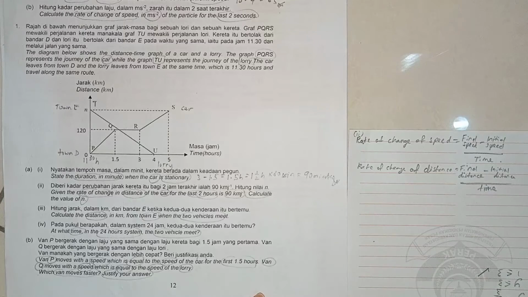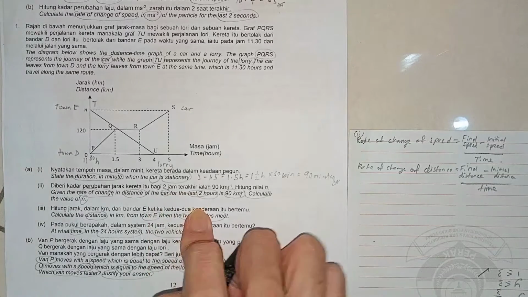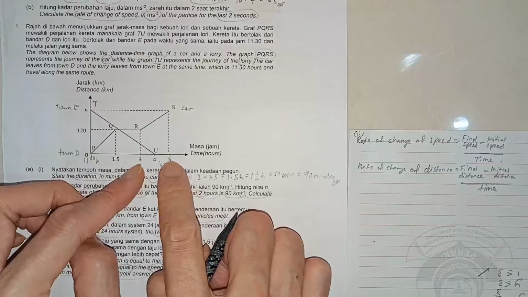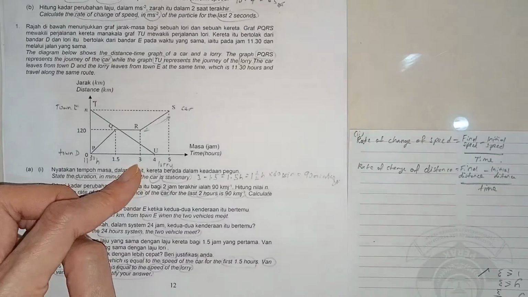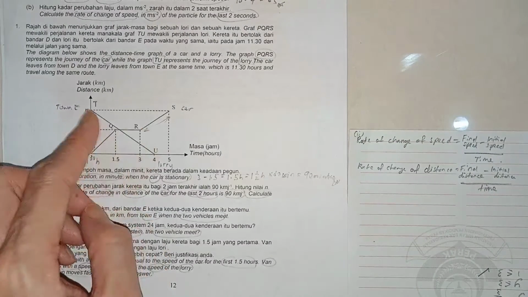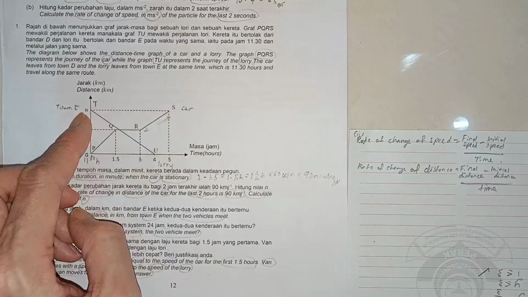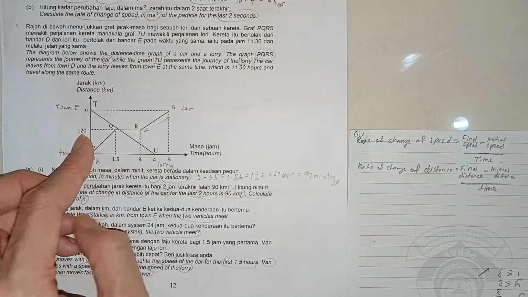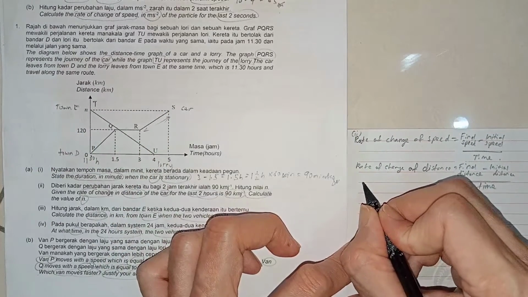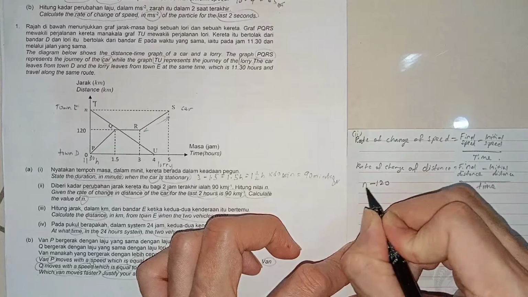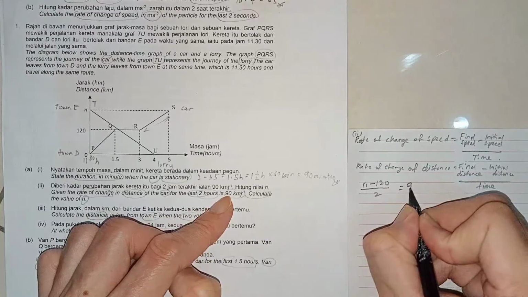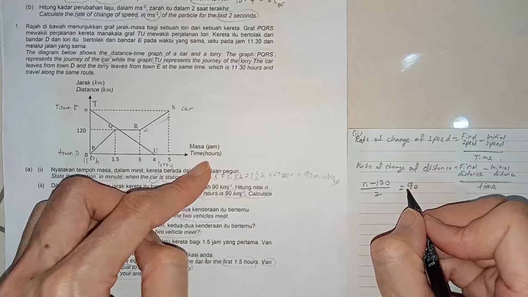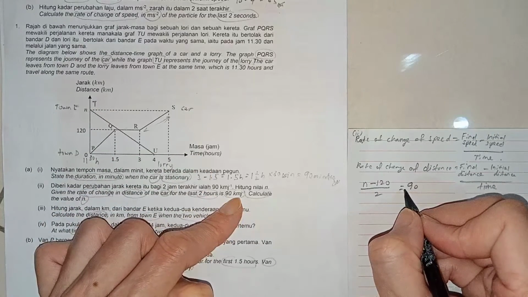You want the car's last 2 hours. This is the car, 2 hours, 3 to 4:45, so here to here only. The final distance is n, the initial distance is 120, so n minus 120 over the last 2 hours equals 90, in kilometer per hour.